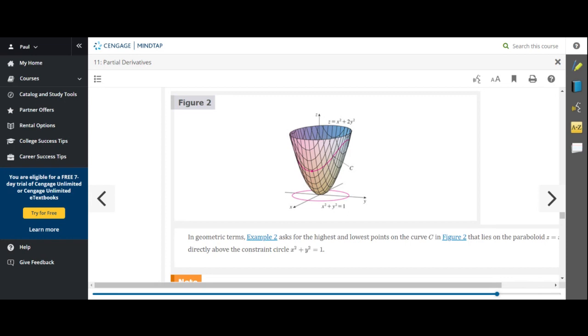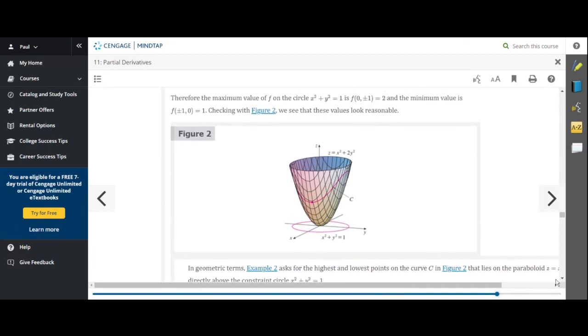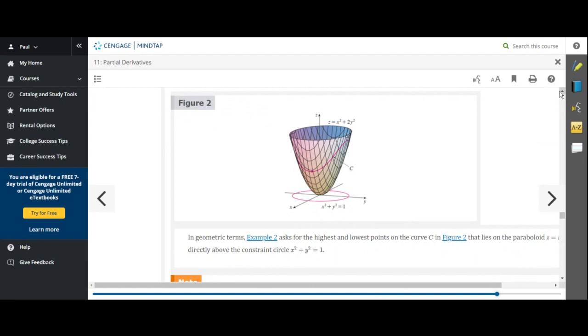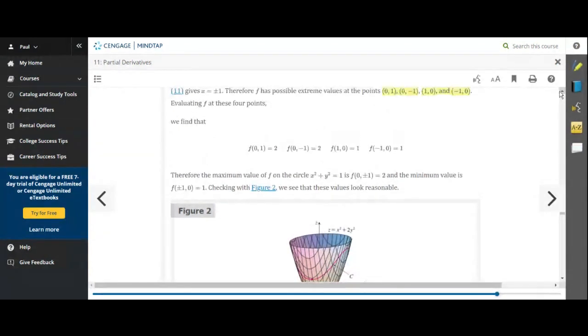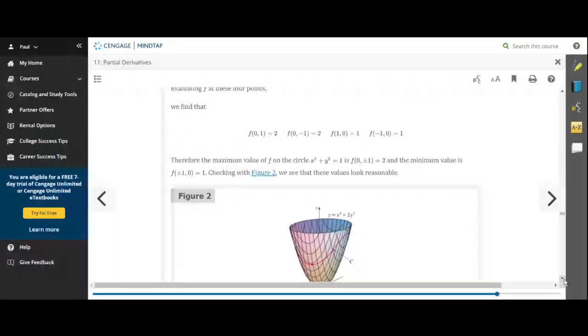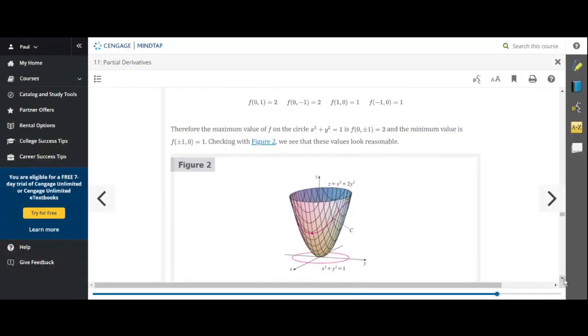Yeah, okay, thank you, Ryan. And you can see, for what coordinates go with the maximum? They give you 4 coordinates in this problem: (0, 1), (0, -1), (1, 0), (-1, 0).